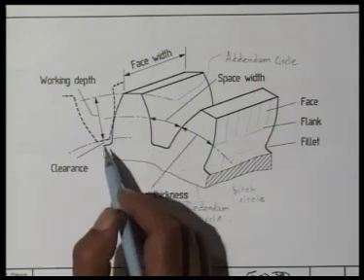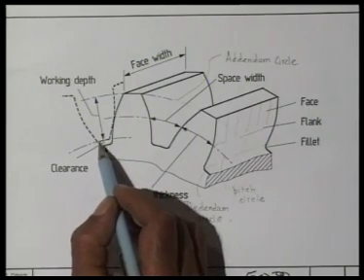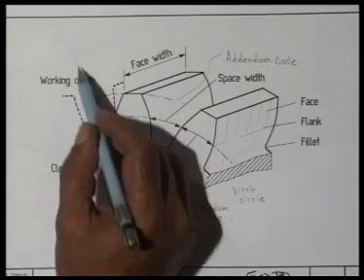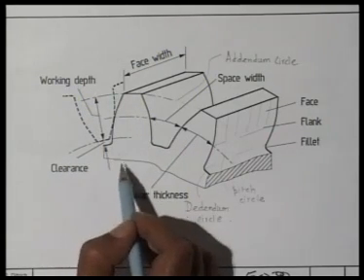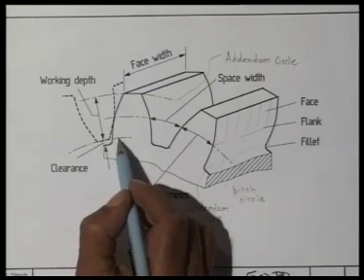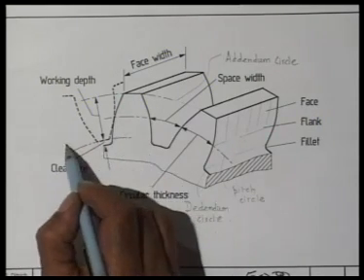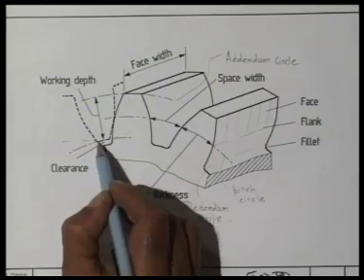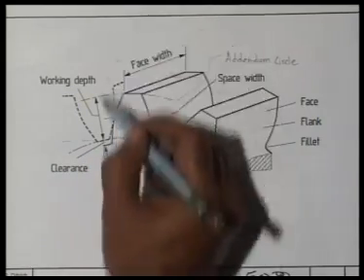As you see, we must prevent the rubbing of the top surface of the mating gear with the bottom surface of this gear. So, if this is the addendum circle of the top gear, this is the top surface from the center of that gear.